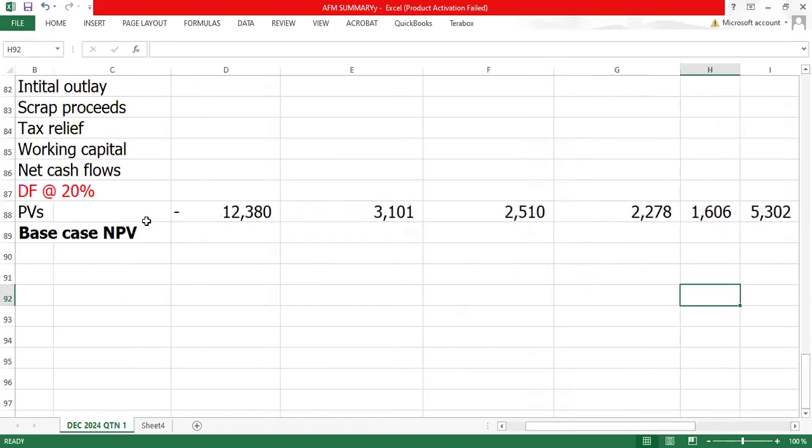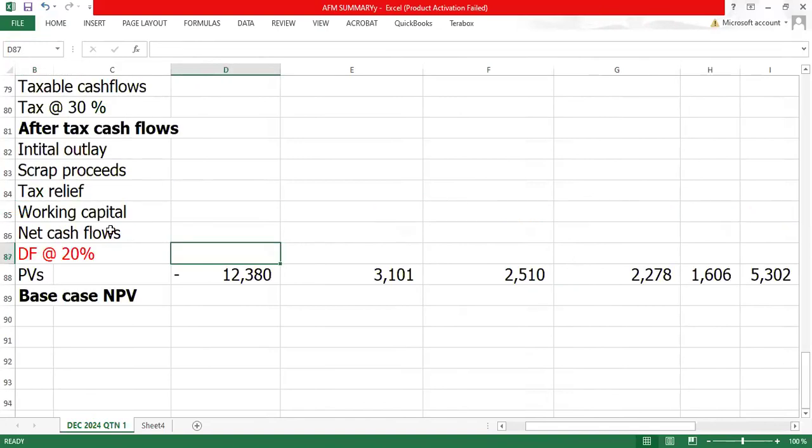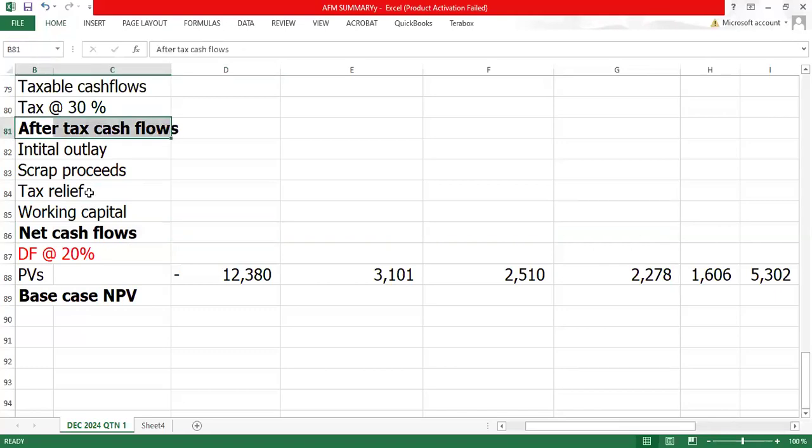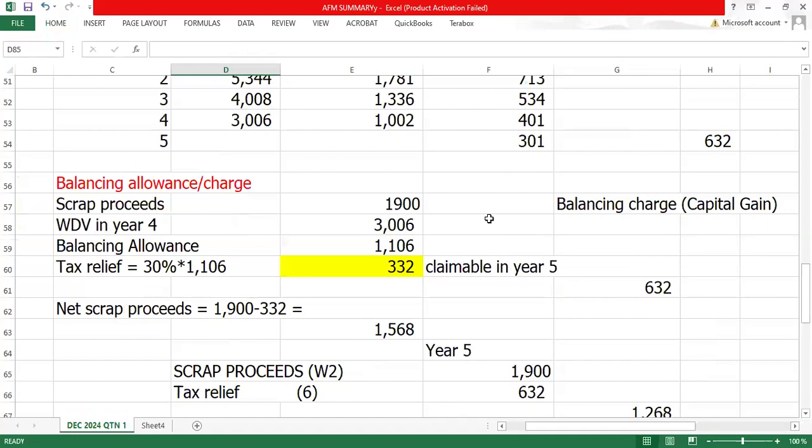Of course, as you get these PVs, you're getting the net cash flows times the discount factor. Okay, how do you get net cash flows? Some of you, when you're not practicing, you may wonder. As you get your net cash flows, you get the after tax cash flow, then add all these things. Initial outlay as a negative, and working capital from your computation.